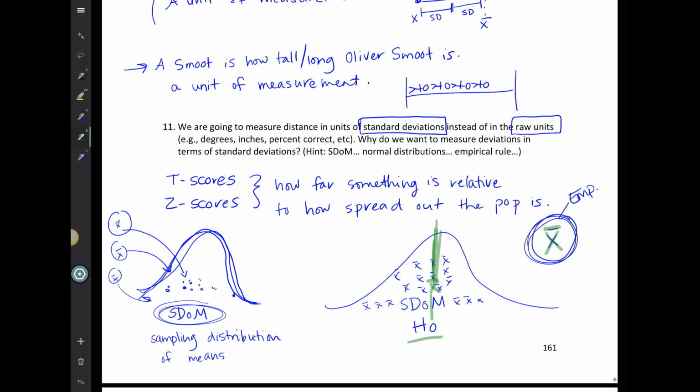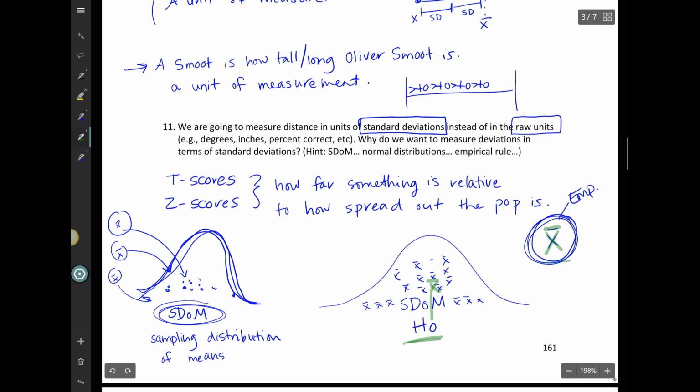Yeah, there's a whole bunch of means just like my mean if the null hypothesis is true. Well, if there's a bunch like mine, then I don't have good evidence that the null hypothesis is not true, because mine is consistent with what we would expect.